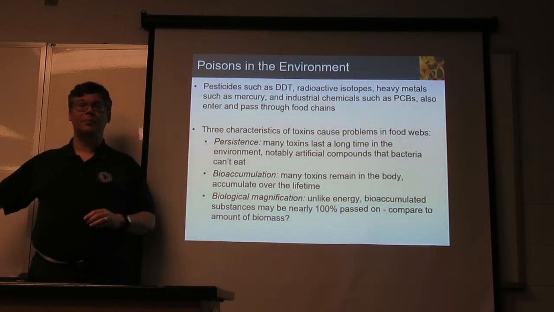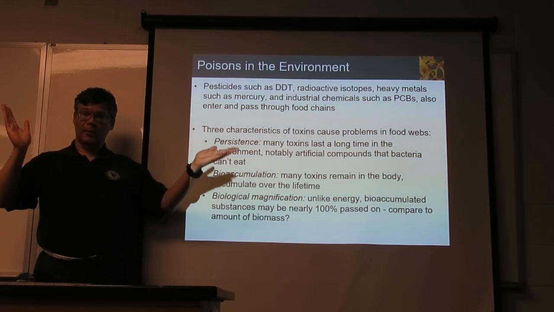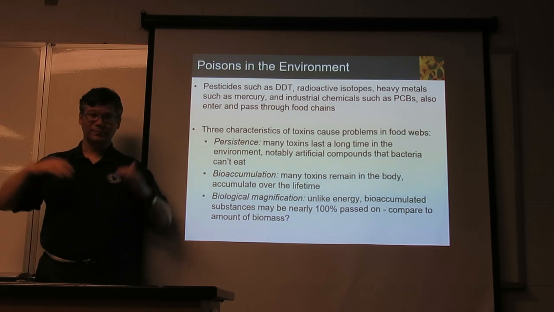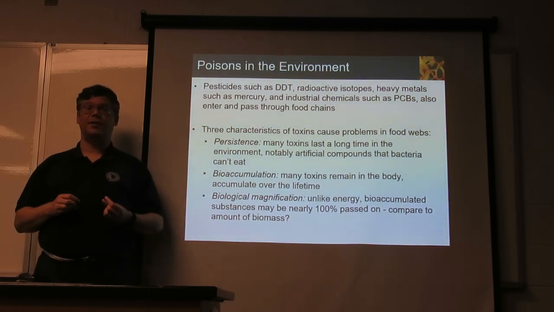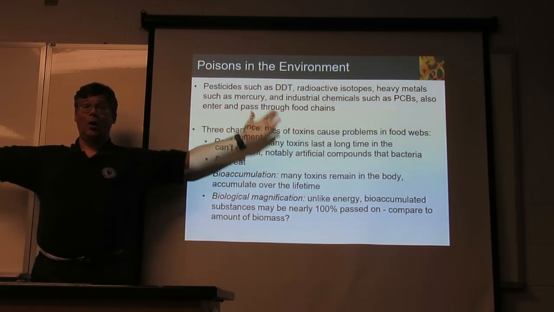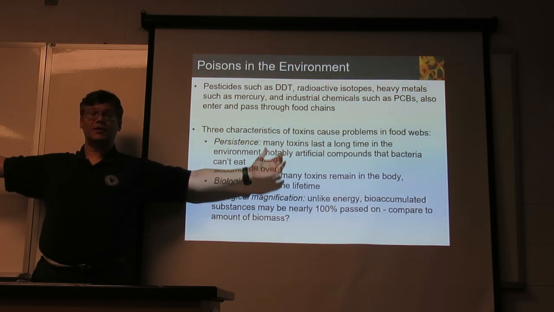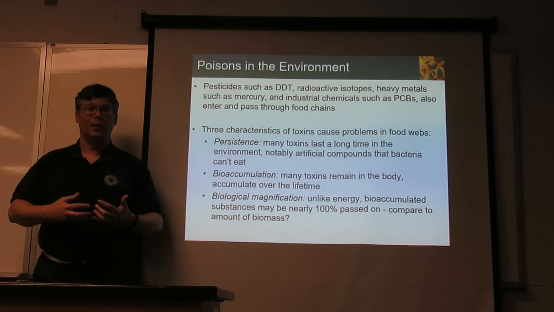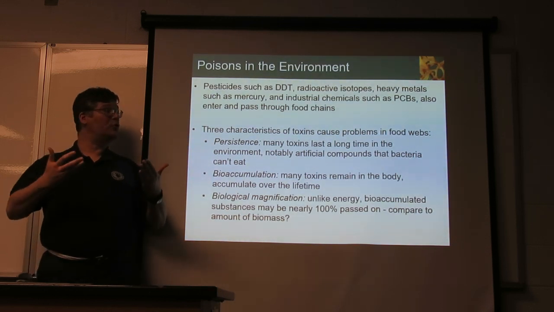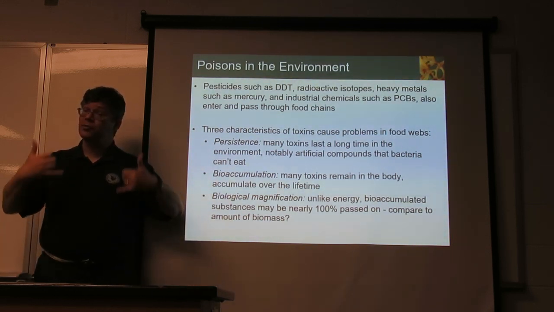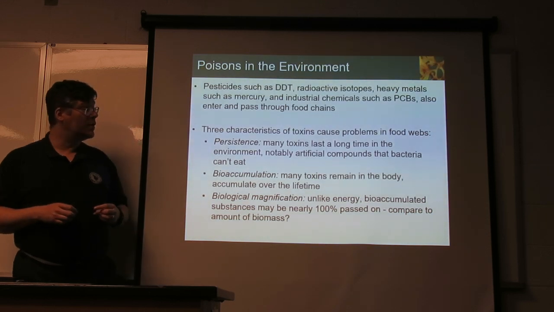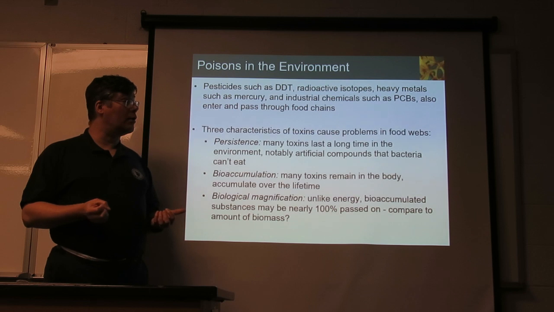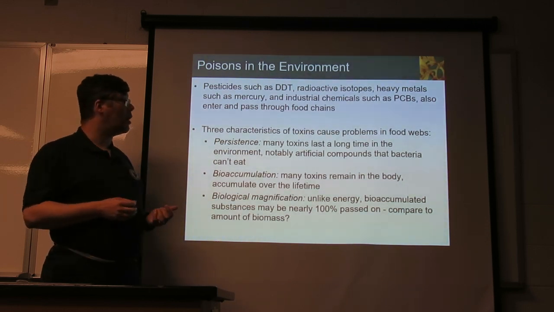Now we have a predator that comes along and eats a bunch of those. Let's say it was rabbits that were eating the plants, and now our fox comes along and eats lots of rabbits. All the chemicals that were in all the plants that all the rabbits ate are ending up in the fox. So as we go up the food chain, we're concentrating these chemicals at each step and thus having greater harmful effects from these chemicals.